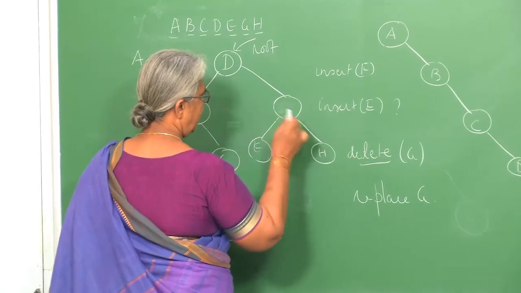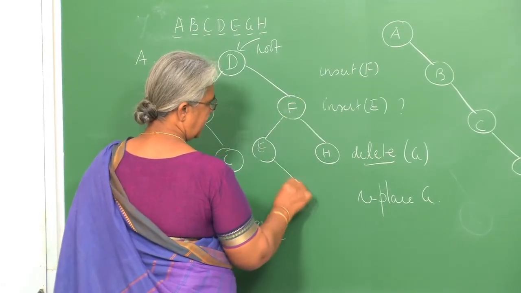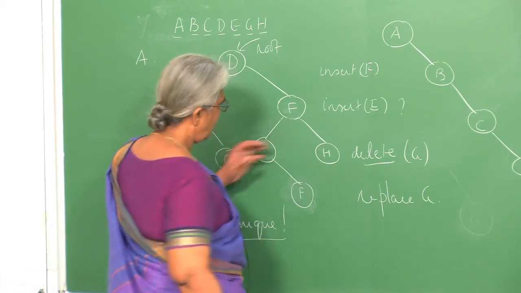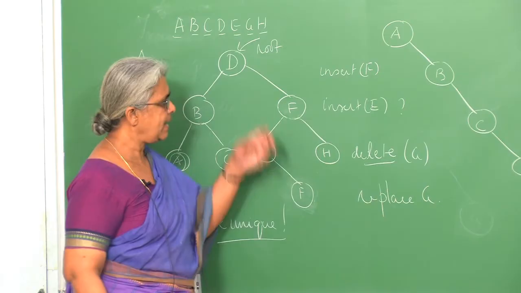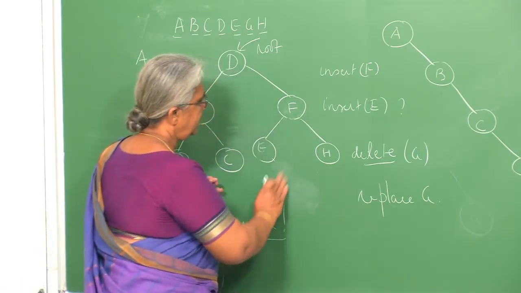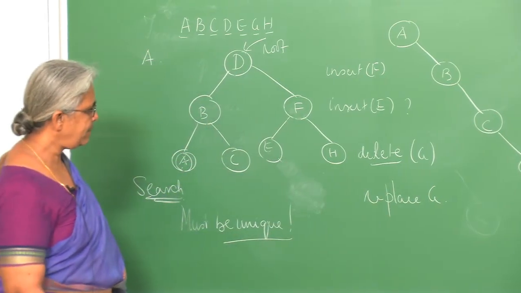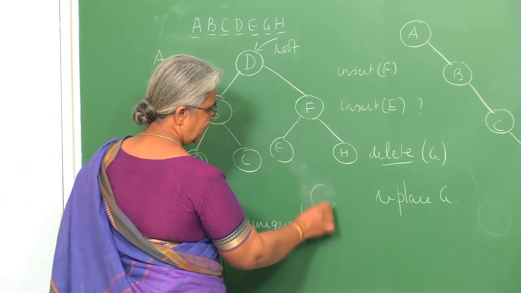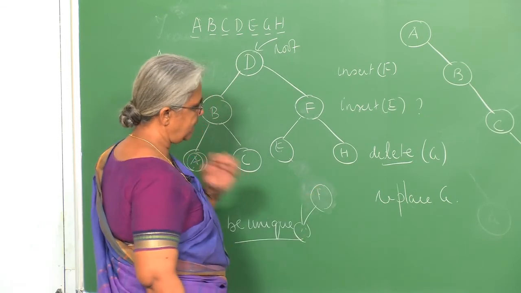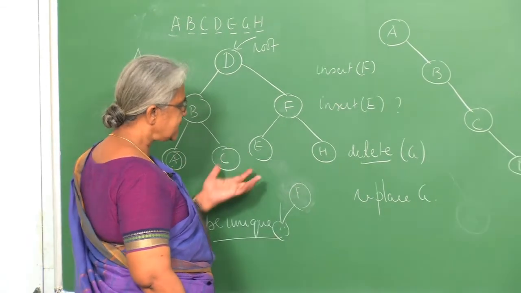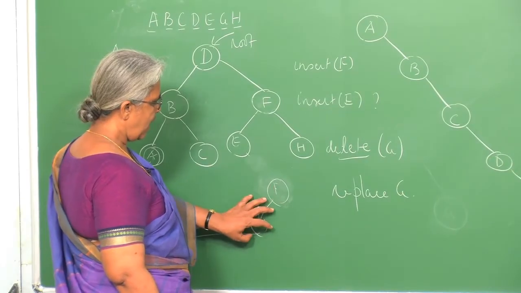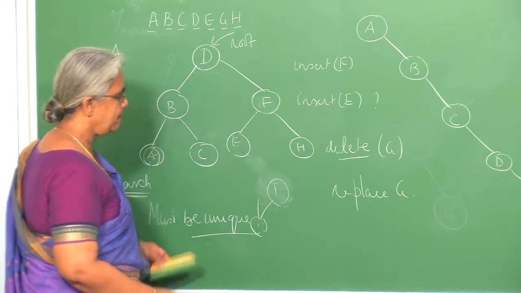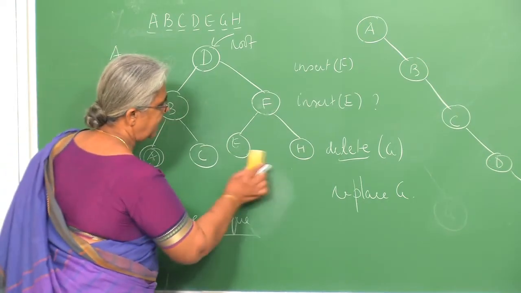So, this is exactly what we do. I put F over here, the largest node on the left subtree. So, I go to the rightmost node on the left subtree, find that, put that node over here, and delete it. But what might happen is this node might have some left children. In this particular case F did not have any left children, but suppose F had some left children, then what do I do? I take these left children and make them the right children of E, because that is okay, as all of them have to be larger than this given node.